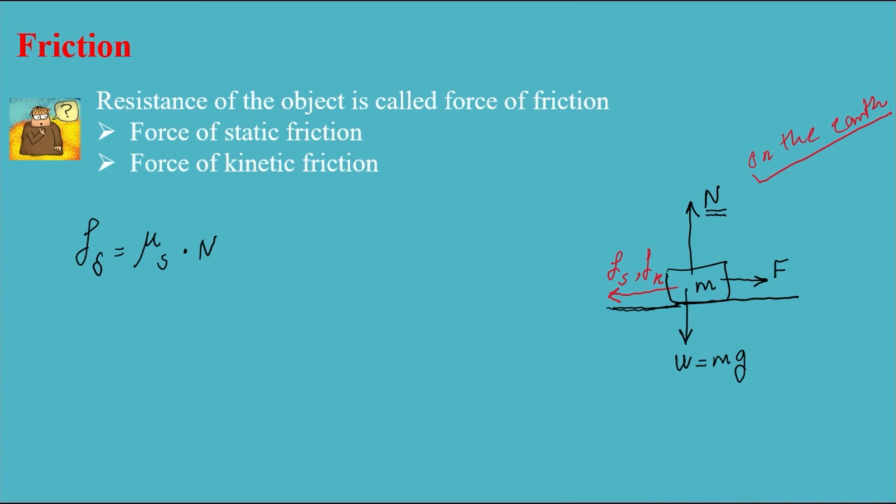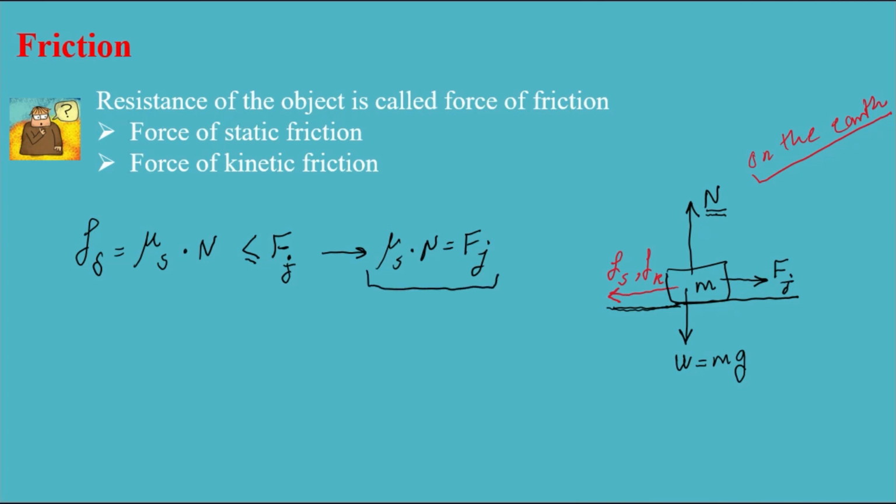That static force is always going to be equal or less than the force I'm applying here. Let's say I'm going to call it Fa. So this is always going to be smaller or equal to Fa. Let's say I get to the point that mu s N is equal to Fa. The force I'm applying is equal to the static force, then the object starts to move, right? And this is the condition when it happens.